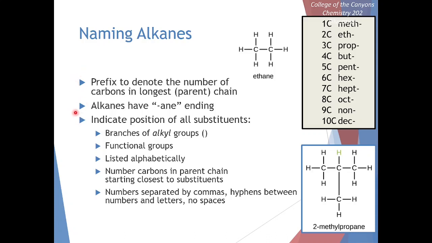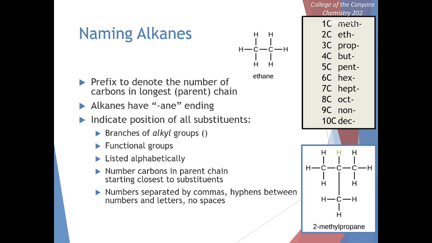We're going to have the ending of our molecule tell us the type of bonding, whether we have single bonds or eventually double bonds or triple bonds, or perhaps other types of functional groups. And then if we have branches, if we have other things attached to our organic molecule, we want to indicate those also at the beginning of our molecule's name. Right? So that is our general idea.